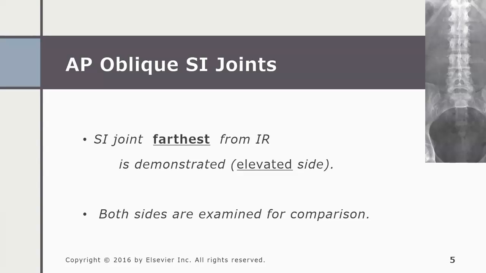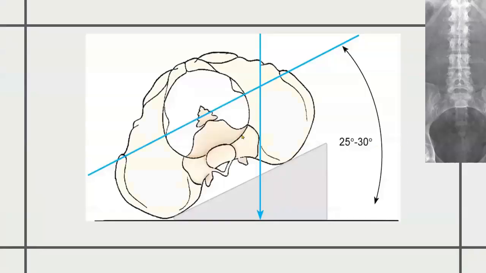So by rotating it side up, it puts it parallel with the source and perpendicular to the IR. Note by rotating this pelvis, we're looking down through the SI joint that is furthest away.